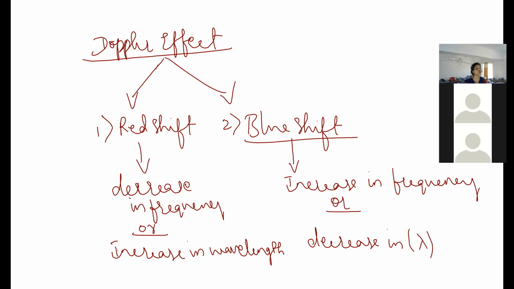In blue shift, an increase in frequency or decrease in wavelength takes place. So how does the Doppler effect take place, how does redshift take place, and how does blue shift take place? Let us see one video for that.